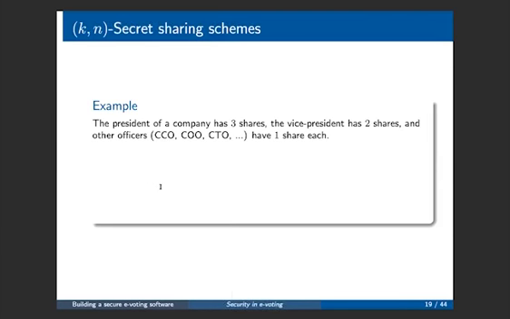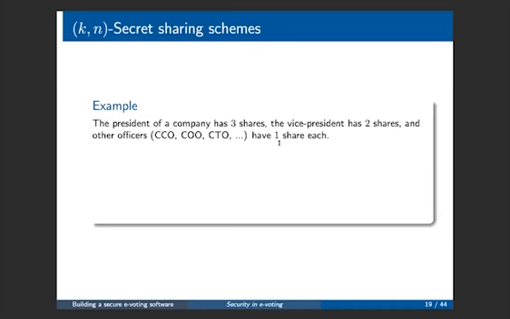An example, not that much related to elections, but just so that this concept of secret sharing is understood. We may have a president of a company having 3 shares, a vice president, we give him 2 shares, and other officers, CCO, COO, CTO, have 1 share each.